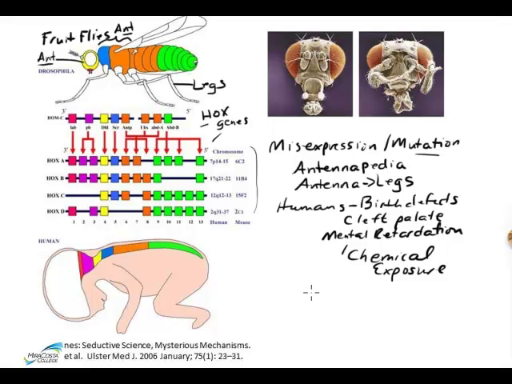So normal expression of the Hox genes during development is required for the normal developmental progression to occur.